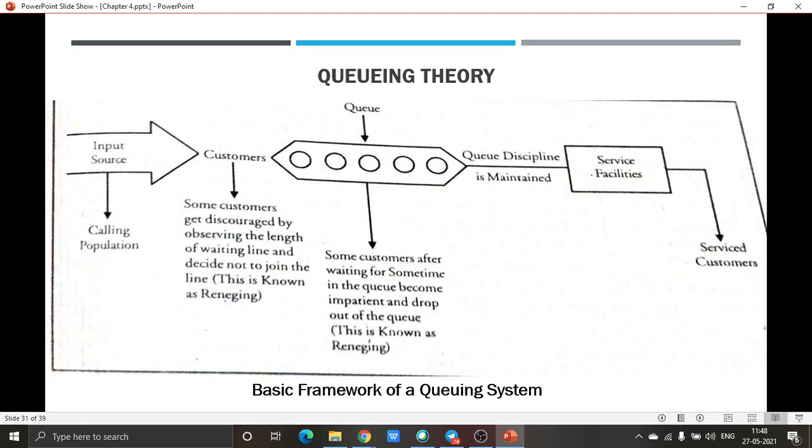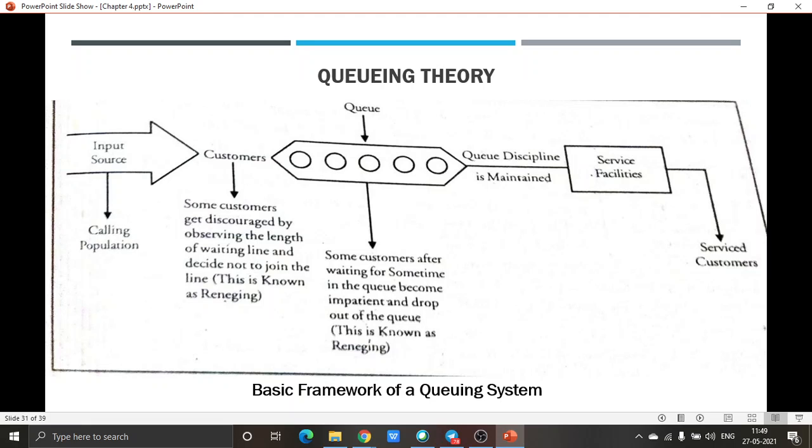That is, we can know the nature of the customer, the type of service they need, and the service facilities available. Now, actually, this queuing problem comes into existence whenever the demand for customer services cannot be perfectly matched by a set of well defined service facilities.